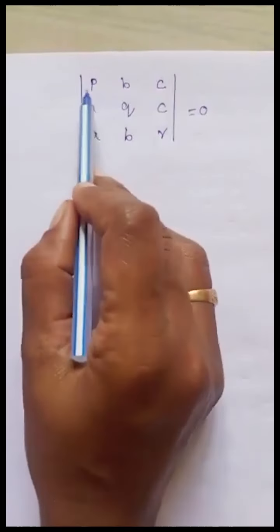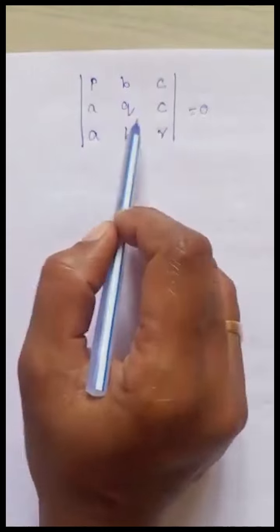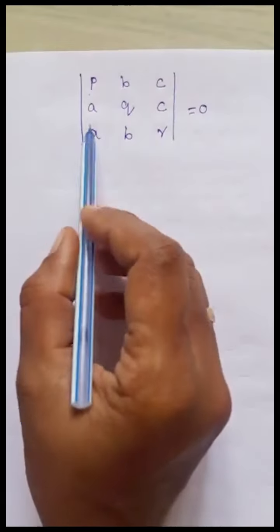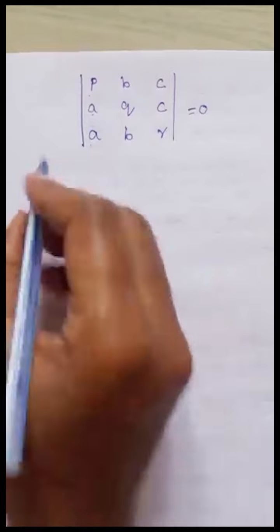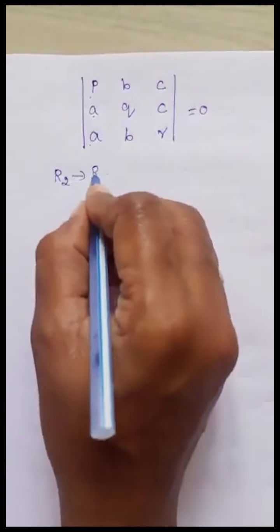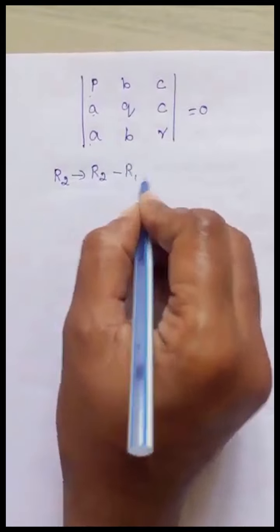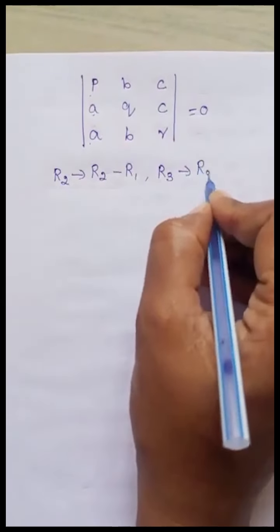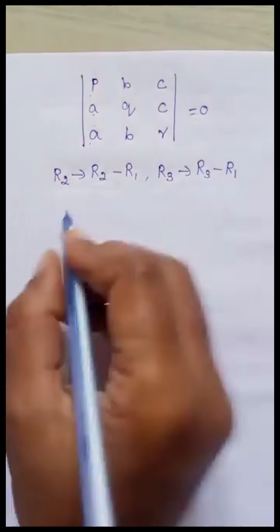See, this is it. Determinant of P, B, C; A, Q, C; A, B, R equal to 0. I have written all the coefficients. Now, see, these two have A. I am just going to subtract. R2 is going to change as R2 minus R1. The same way, R3 is also going to change as R3 minus R1.